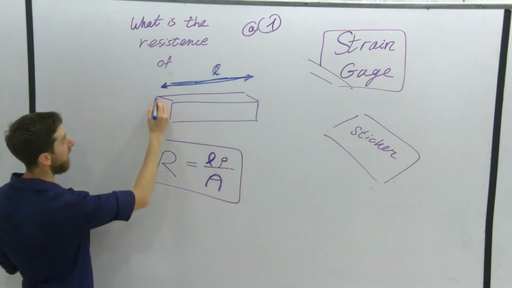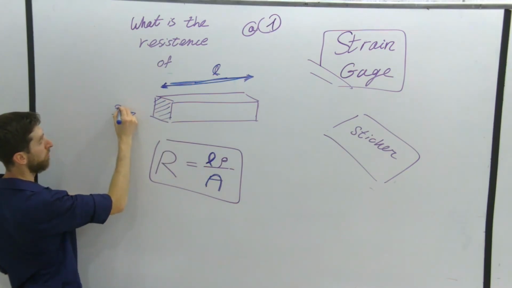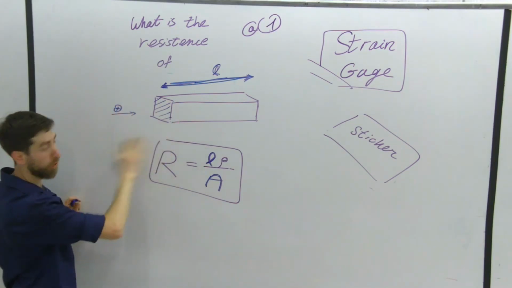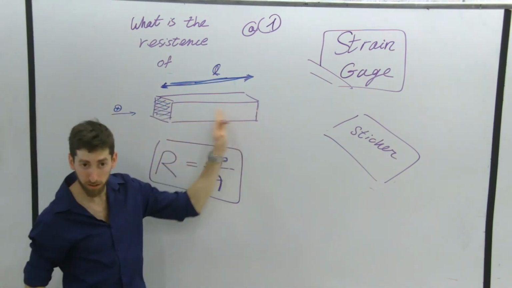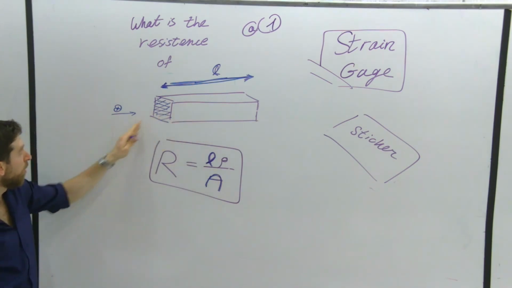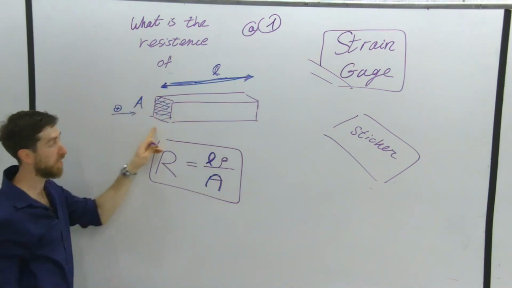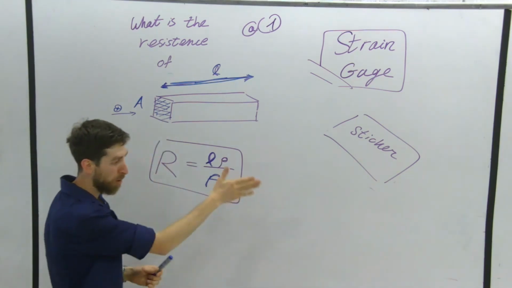What is A? A is this area. If I'm the charge and I'm coming to this material, which can be copper, it can be wood, it can be many things, what is the area that the charges are going to see? In my car analogy, I can think about how many passes I have.